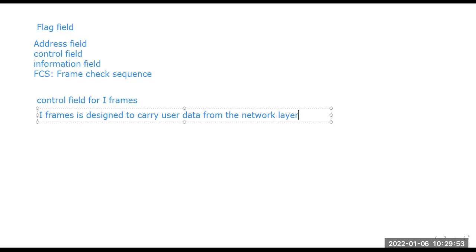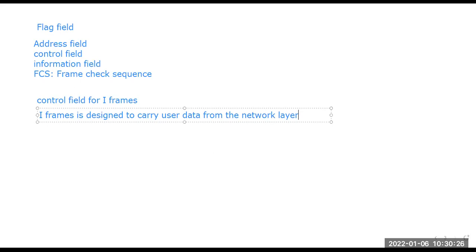The control is a total field, and in it there are two parts, flow and error. In this subfield of the control, the first bit will define the type of the frame. The first bit of the control field will help us identify what type of frame it is, because we cannot understand by looking at it what type of frame it is, right?